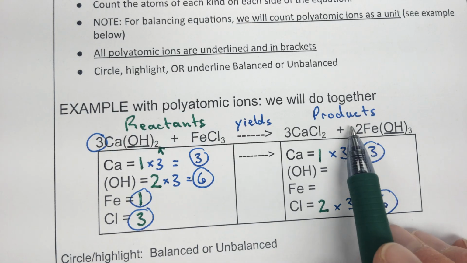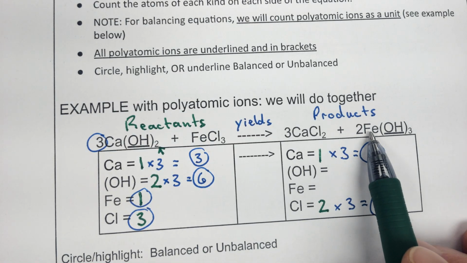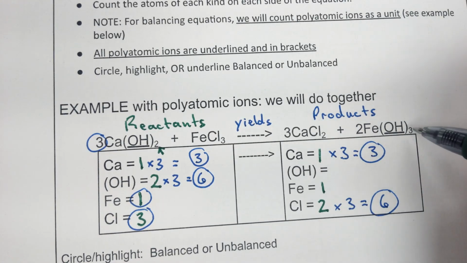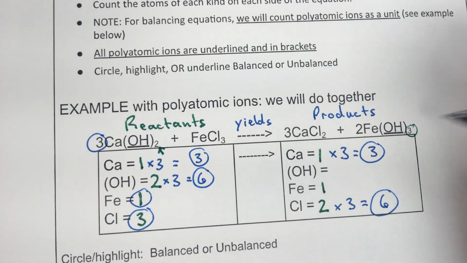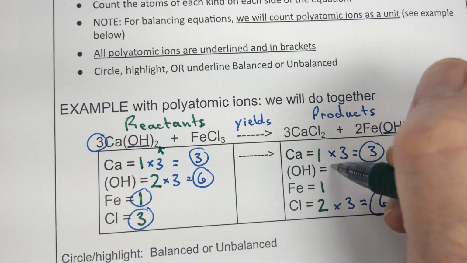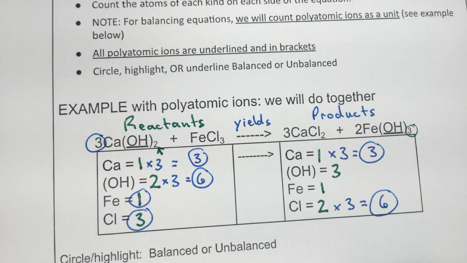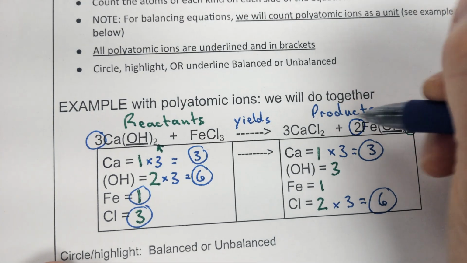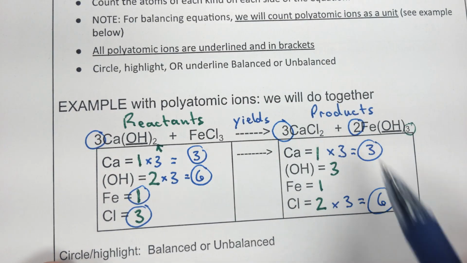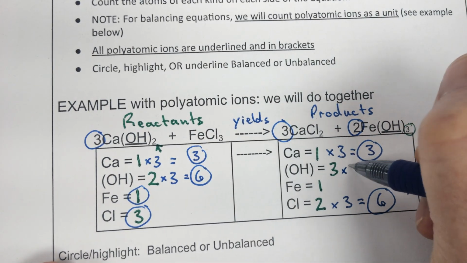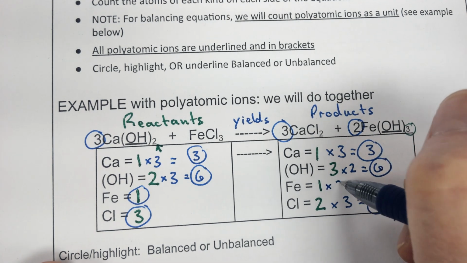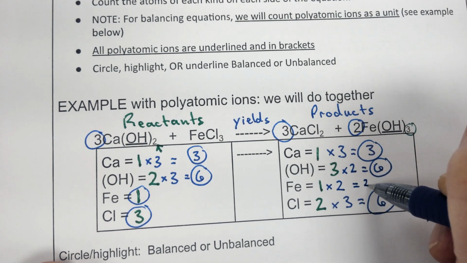Then I go to the next formula, and I have Fe with no subscript, so that's a 1. And OH, I'm going to look outside again. I have a 3, so OH is equal to 3. I also have a coefficient for this one. Oh, I forgot to circle this one. All right, that's a 2, so I'm going to multiply by 2 here to get 6, and by 2 here to get 2.